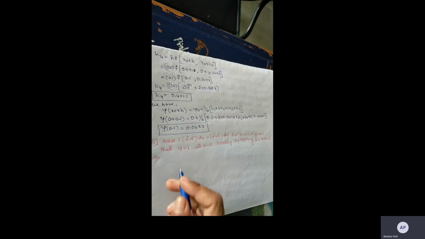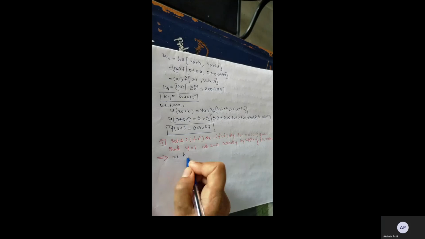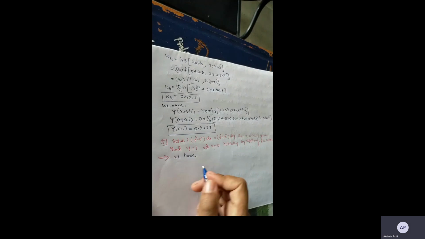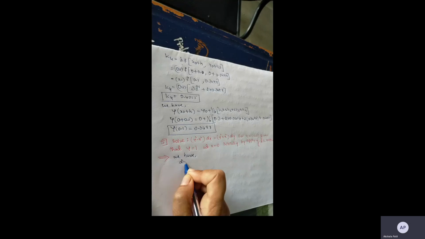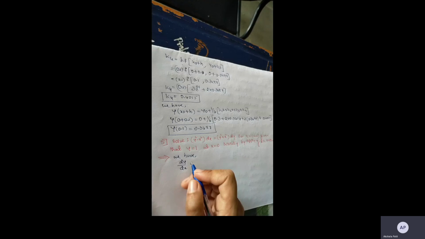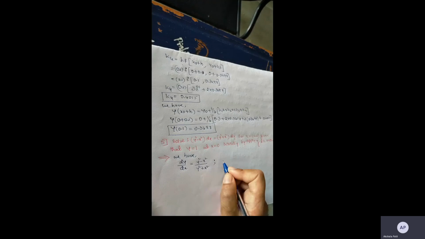So write it down in the solution. We have the given differential equation, dy by dx equals (y² − x²) divided by (y² + x²), and the initial conditions x0 is 0, y0 is 1.